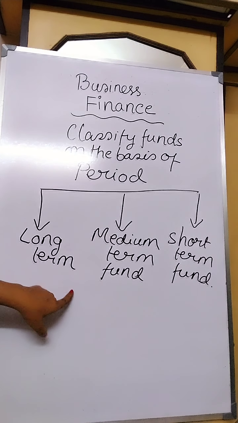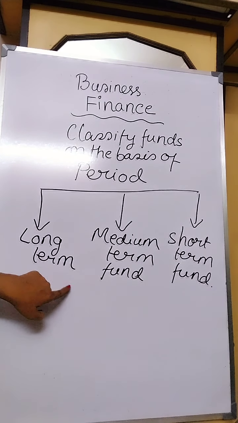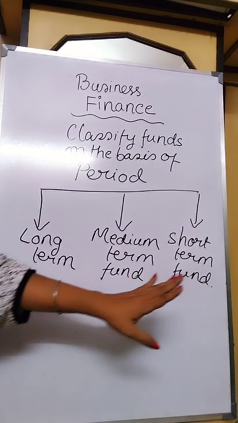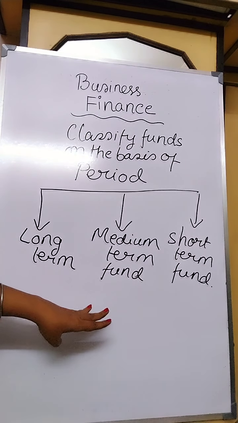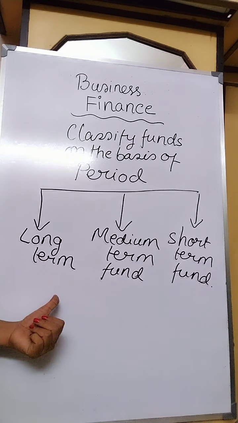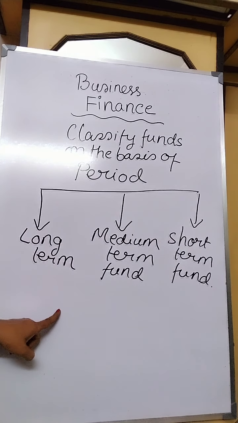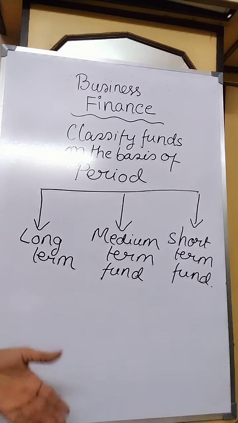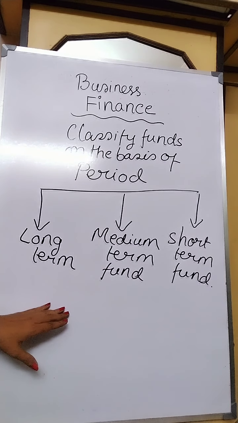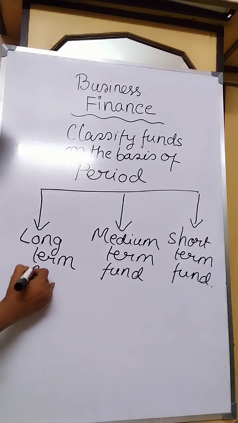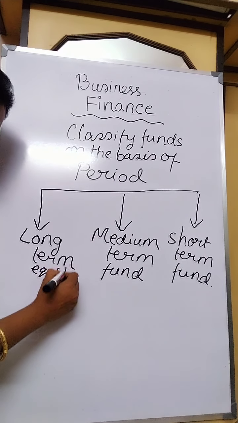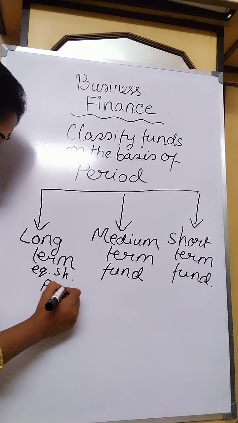First I will talk about the long term sources of funds. What are long term sources? They are required for investment in fixed assets like land and building, plant and machinery, or financing expansion programs. And the sources are equity shares and preference shares, I have told you.